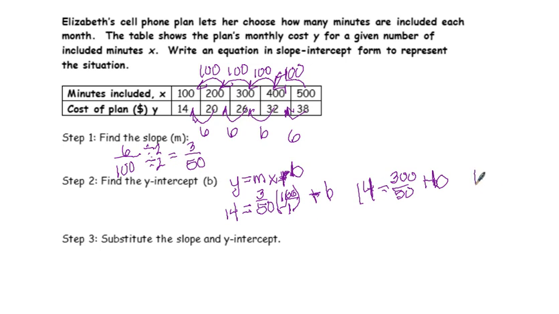So now we have 14 equals 60 plus b. And then we subtract. And we need to find out what 14 take away 60 is. And we would get negative 46 equals b.